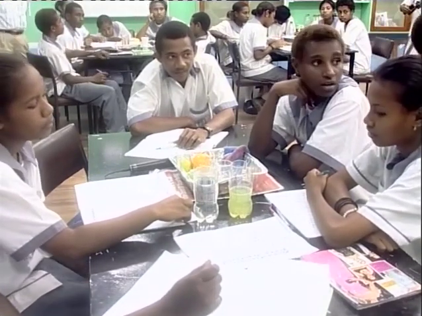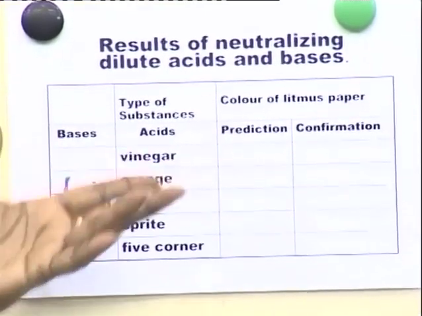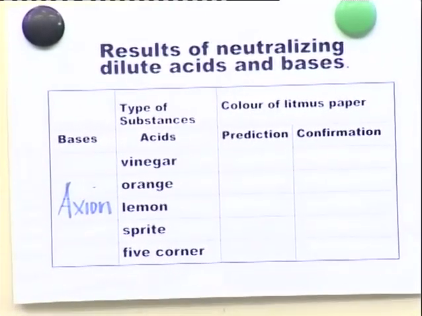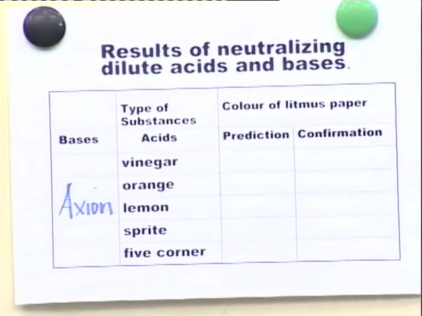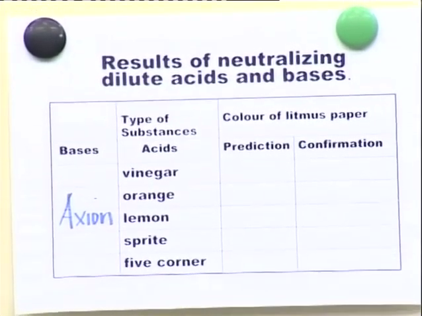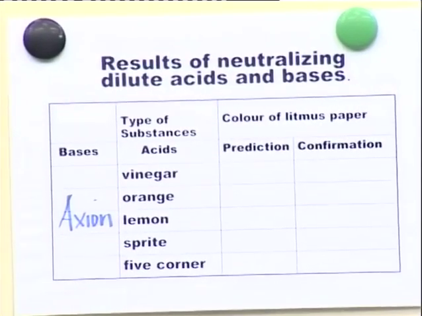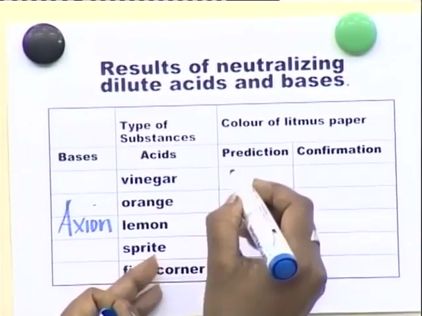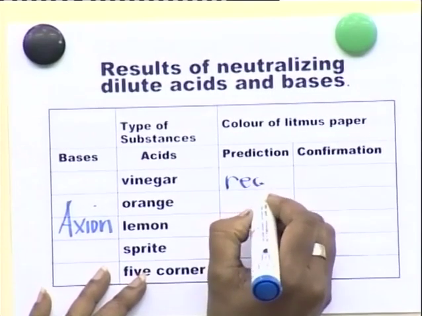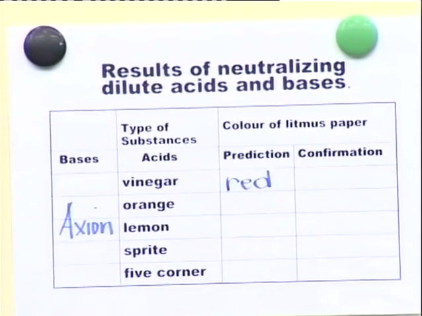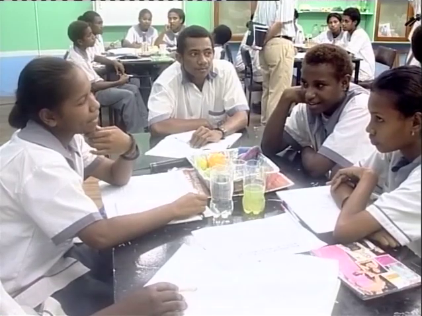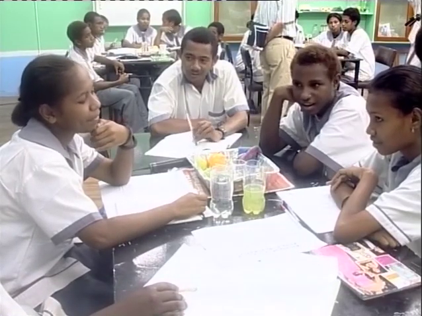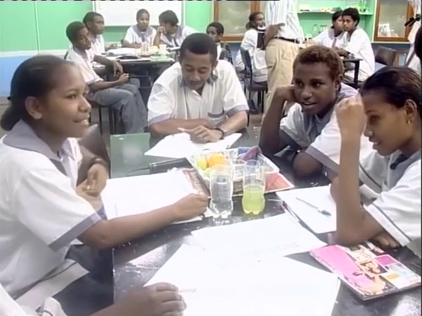Action when it's added to vinegar. What's your prediction? What color will the blue litmus paper turn? Okay, they say red. What about orange? Action to orange. Red again.